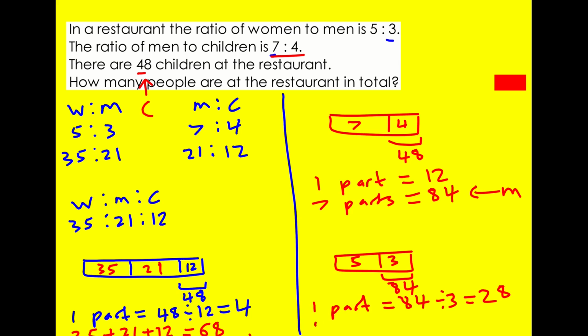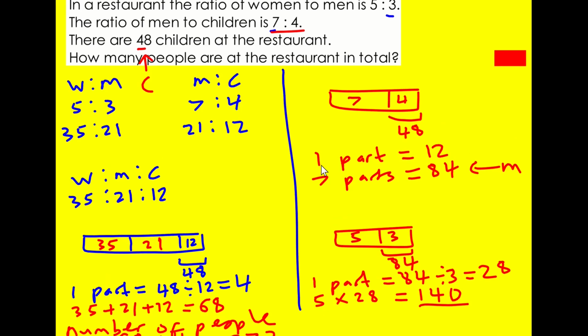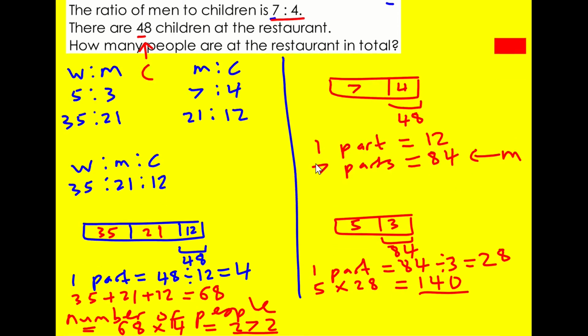And then I can do 5 times 28 to get 5 parts, and that's going to be 140. So if I add those up, 140, 48 and 84, I also get 272. So just an alternative way of doing that question.